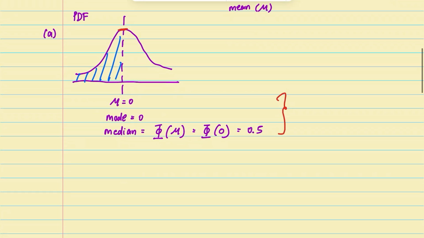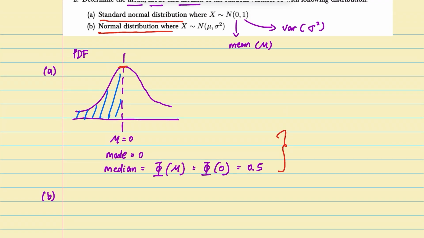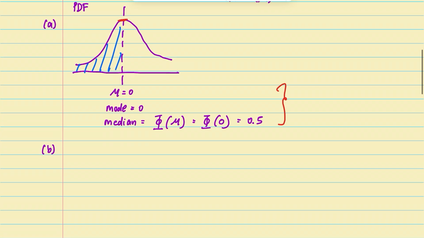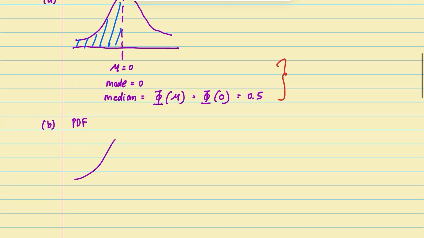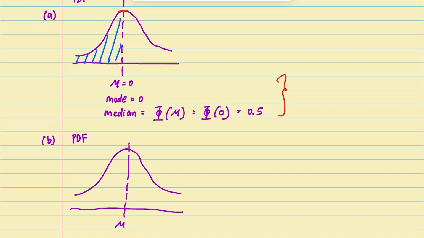Whereas for part B, it's just the general function for the normal distribution. So again, let's draw the PDF. But currently, the mean is just mu. So what is the mean? The mean is still mu. The mode is high up here in the middle, which is also mu.